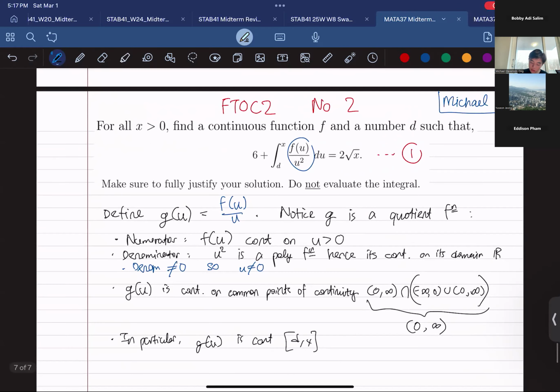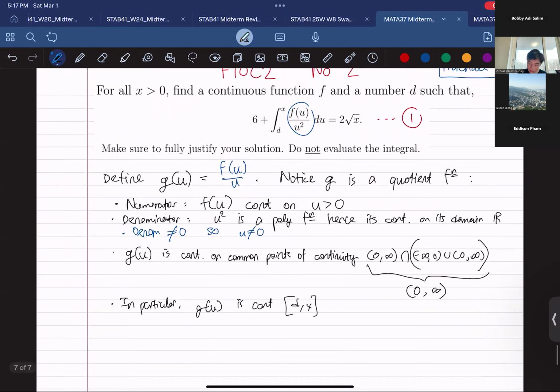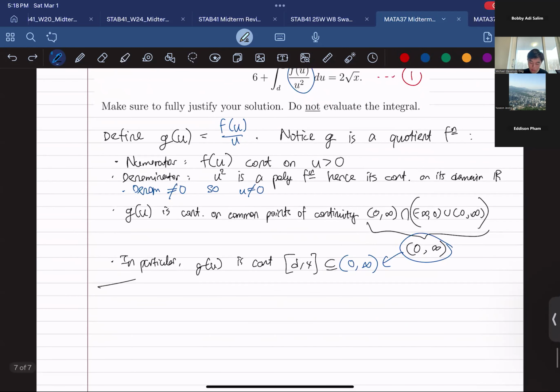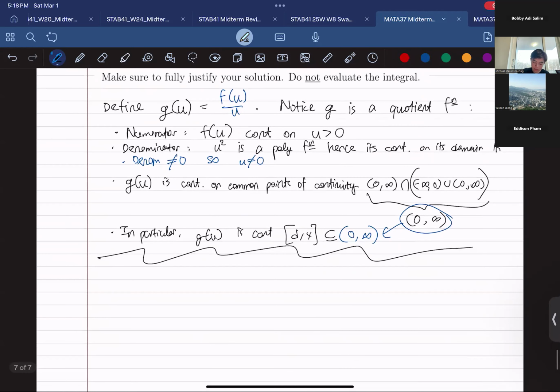And this is good enough because, in the first stage, we can assume D is still contained within this interval. By the way, this interval comes from the integration limits. So we're done with those steps.